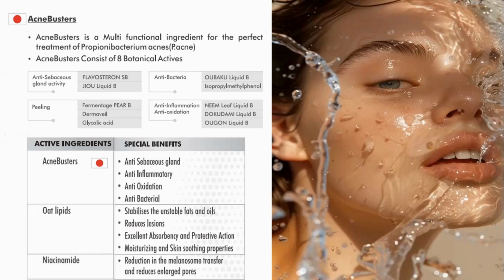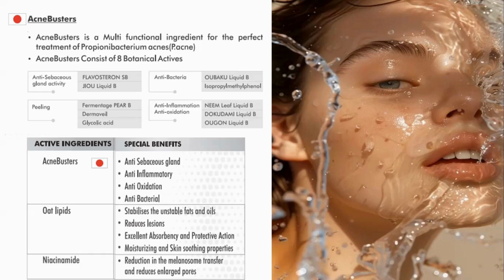First one is Flavosterone SB and GeoLiquid B, which acts against the sebaceous gland activation, which we have already discussed in the previous slide, how due to different reasons like fat diet, spicy food, or testosterone, or women going through menstruation, there will be sebaceous gland activation, how due to that secretion of sebum happens and acne comes over the face. So to fight against that, we have got Flavosterone SB and GeoLiquid B.